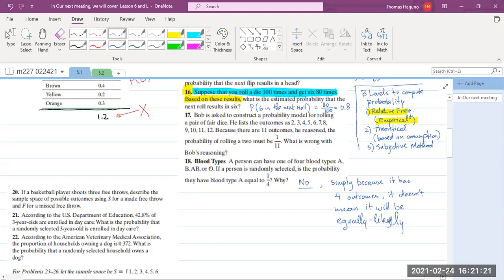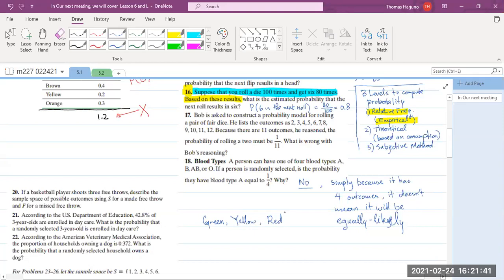One very good, very fast example for that is the probability of you hitting a yellow light at an intersection. We have green, yellow, and red.